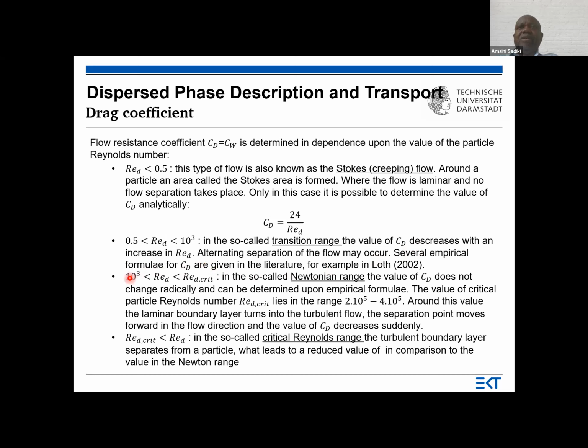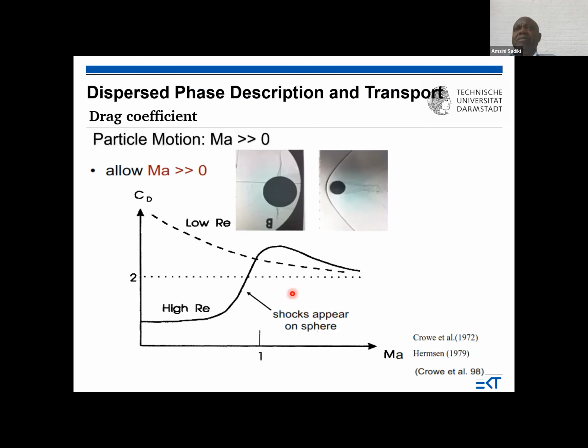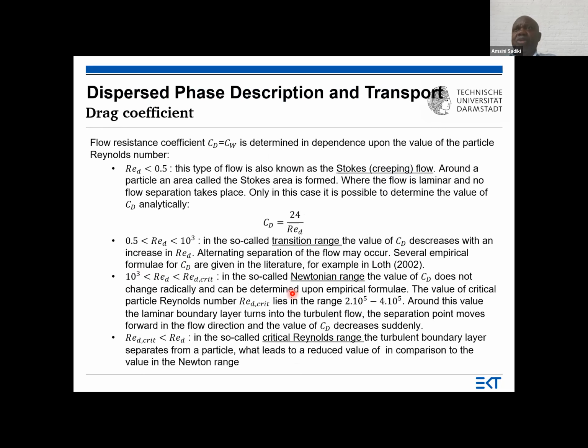And between this value here and the critical Reynolds number, it is the Newtonian region, and normally CD remains constant in this region. And we can then speak for this Newtonian region, and we have these values.